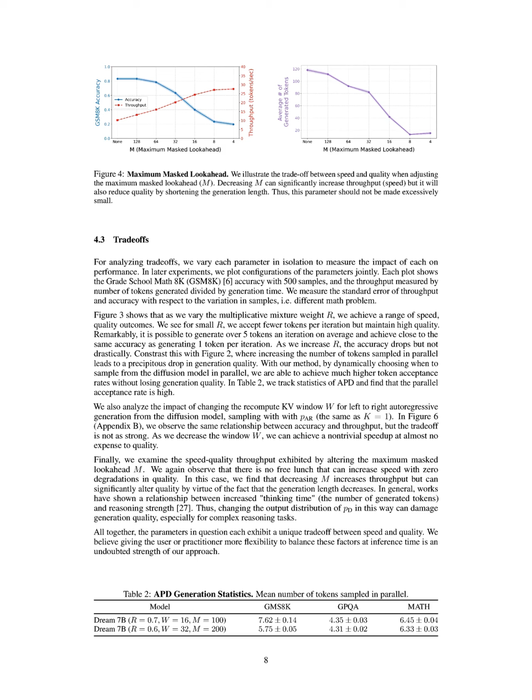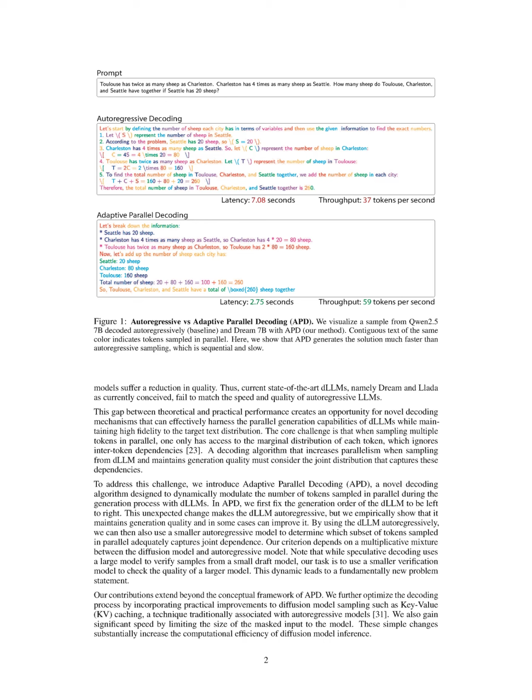This process continues adaptively, allowing the algorithm to balance speed and quality by dynamically modulating the number of tokens generated in parallel based on the acceptance criteria derived from the target distribution, P_T. Thus, APD effectively accelerates the generation process while maintaining high fidelity to the target text distribution, as demonstrated in the empirical results of the paper.